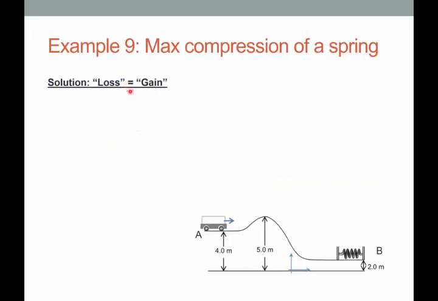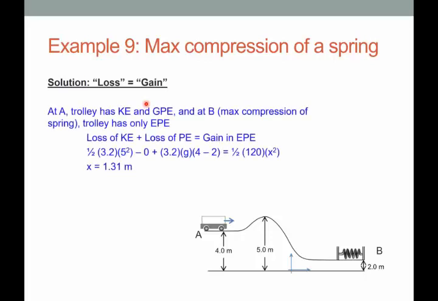We use the approach of the loss in energy equals the gain in energy to find the compression of the spring. At point A, the trolley has kinetic energy and gravitational potential energy.